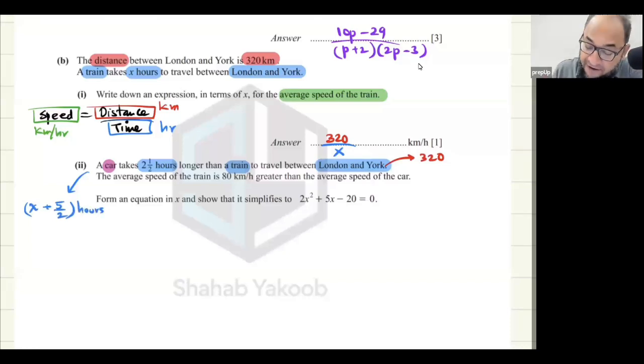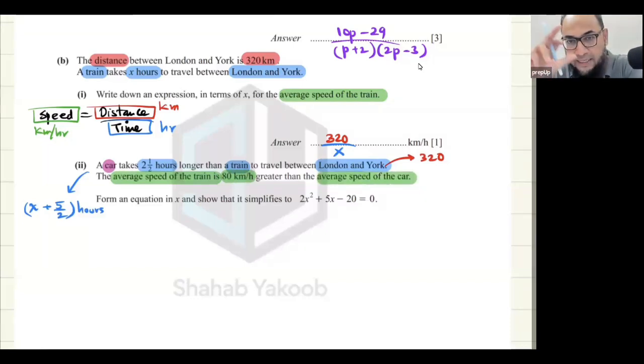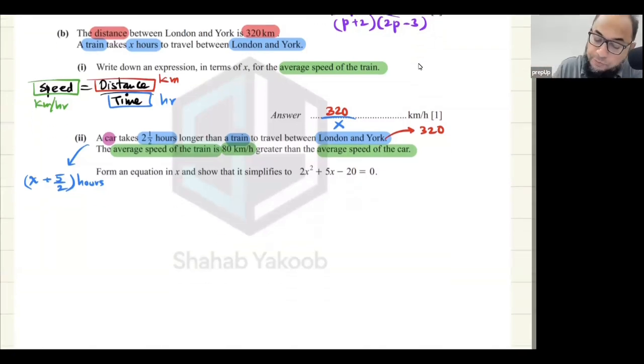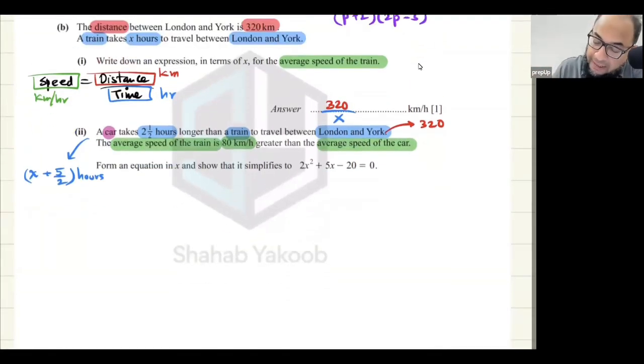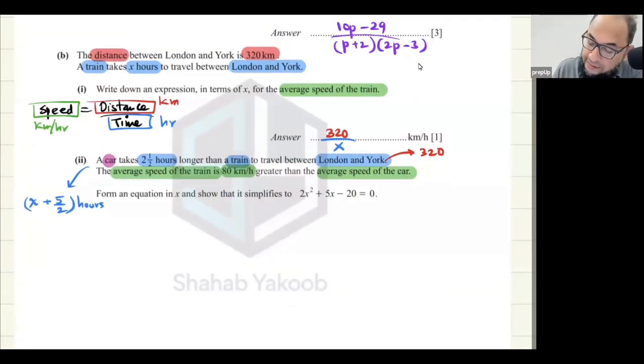Now it says the average speed of the train, and I'm using this green color now, is 80 km per hour greater than the average speed of the car. That means if we are comparing the average speed, now it will be more. So how much more? Let me write it down. This 320 over x, that is the average speed of the train.